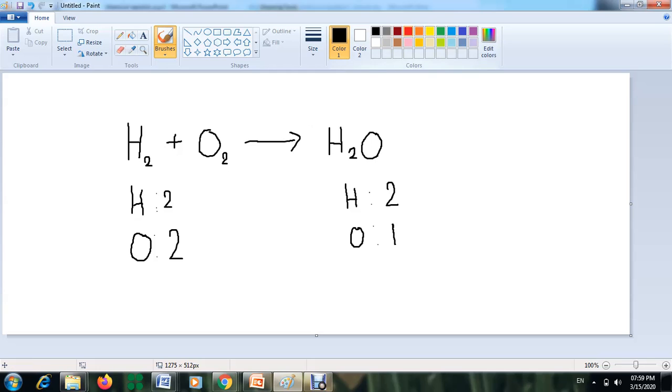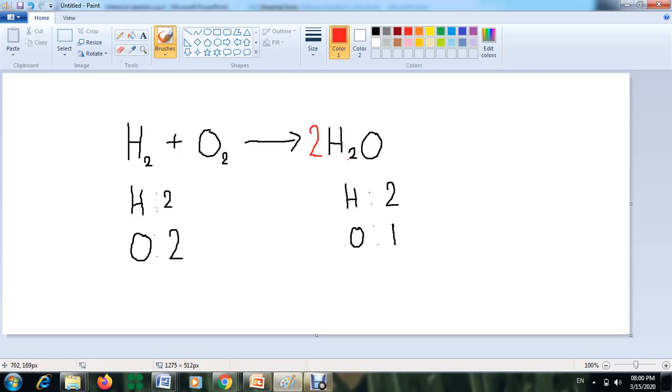To make them the same, we can add something called a coefficient. The coefficient is the number in front of the molecule. For oxygen, you have 2 here. What shall we do? We just add a coefficient before the molecule. We don't add it between hydrogen and oxygen. We add it for the whole molecule, because this 2 is for the whole molecule.